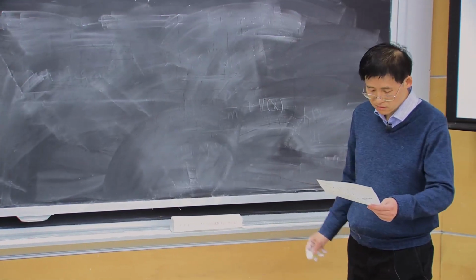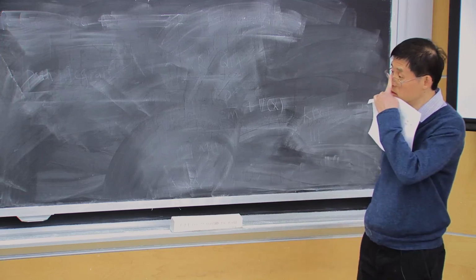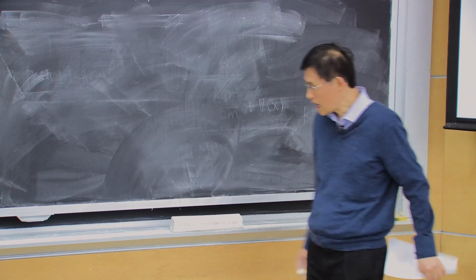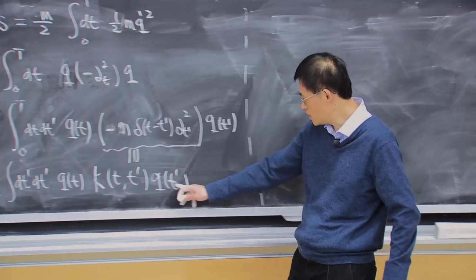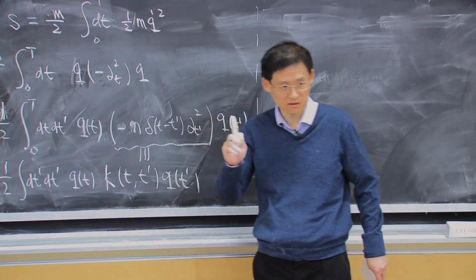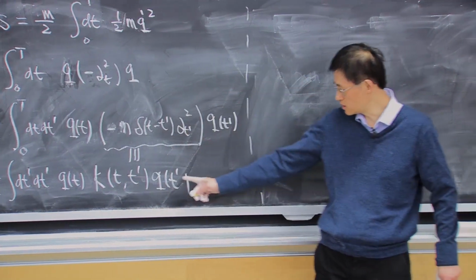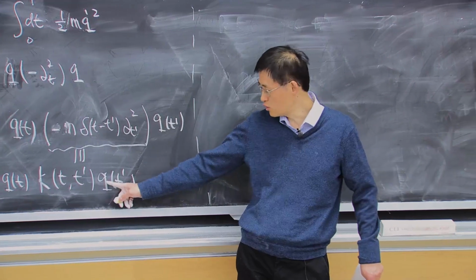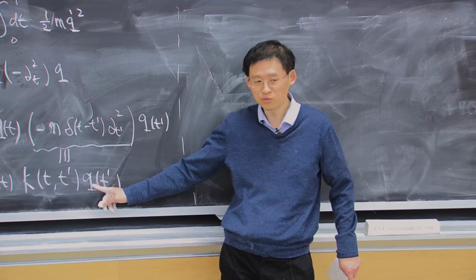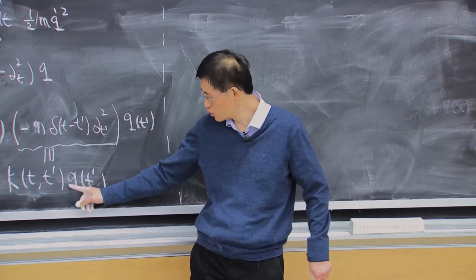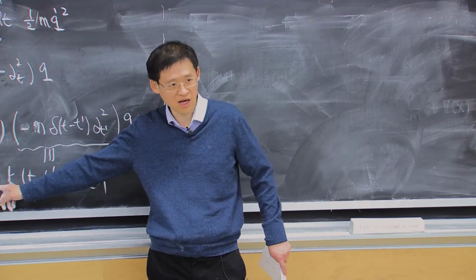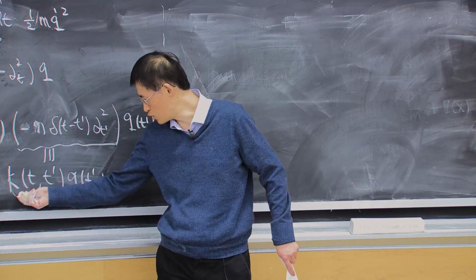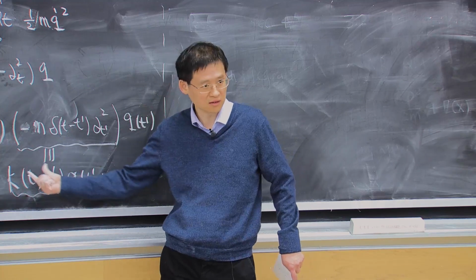So now, I think we have done this before. I want you to view this t in q as an index. Imagine this is just a continuous index, and then q is just like a vector. q(t prime) is like a vector, q(t) is like a vector, and this is the same vector. And now this is just a matrix between the two vectors.